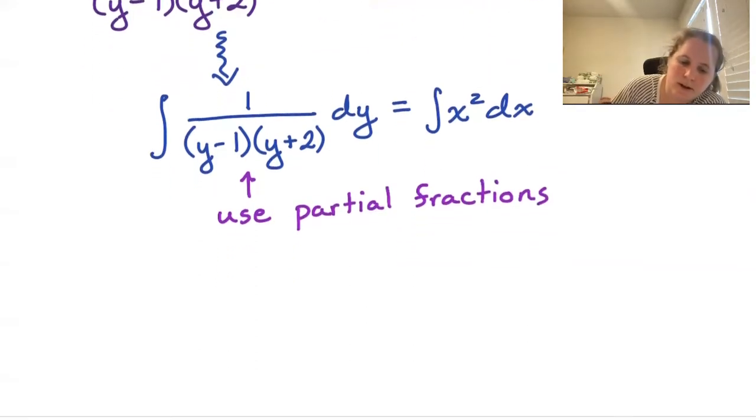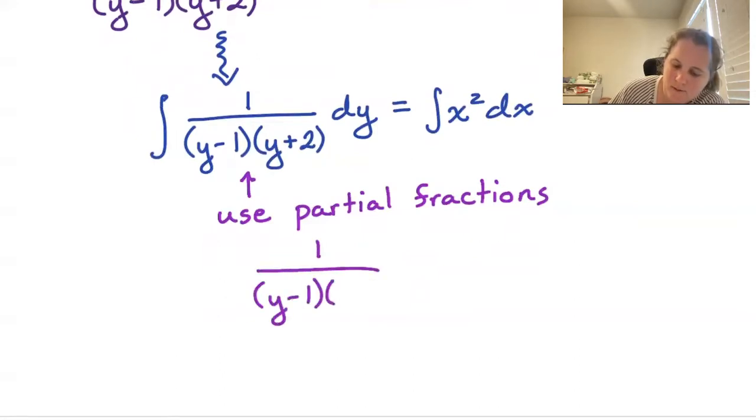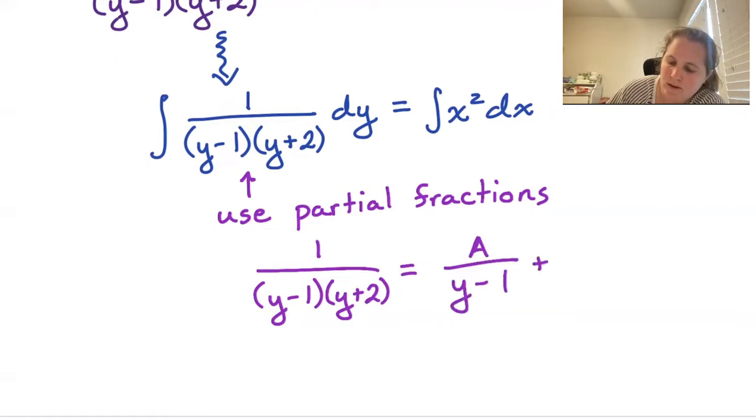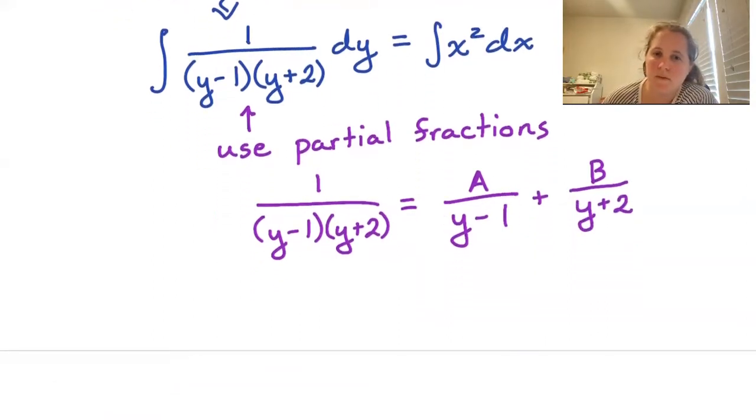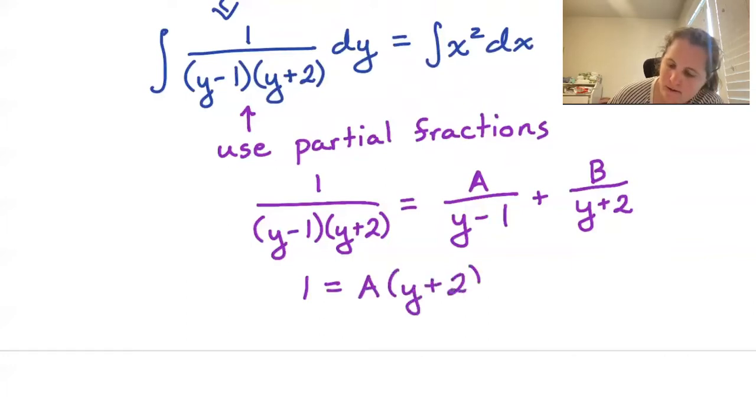So we want to rewrite 1 over y minus 1 times y plus 2 as A over y minus 1 plus B over y plus 2.